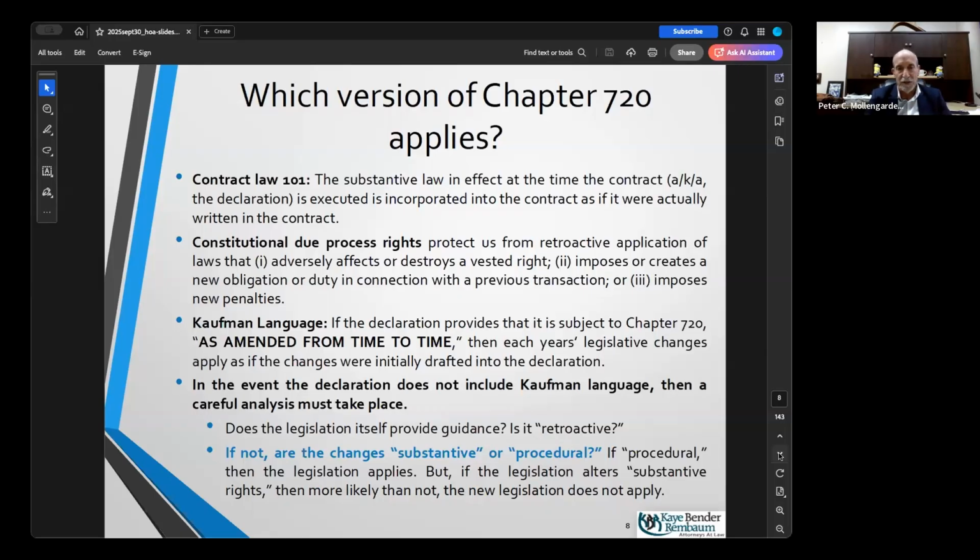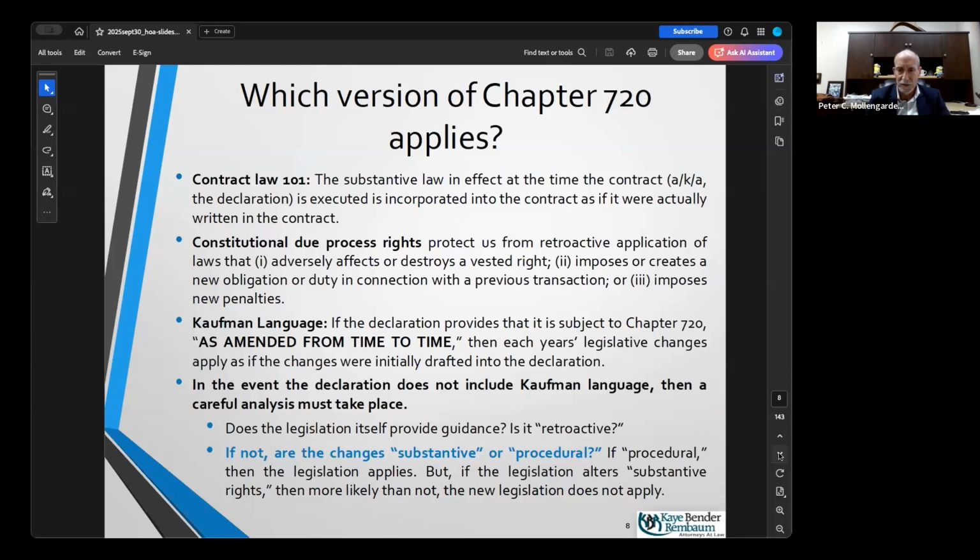If it's a substantive change that changes substantive rights, generally speaking, it will not apply retroactively to an existing contract or to an existing declaration of covenants, unless the declaration was subjected to Chapter 720 as amended from time to time, which means that those future changes will be incorporated. But procedural changes in the law, like the requirements for notice and things like that, typically will apply retroactively, in other words, to existing associations, as opposed to substantive changes. We'll talk about this further on into the presentation.